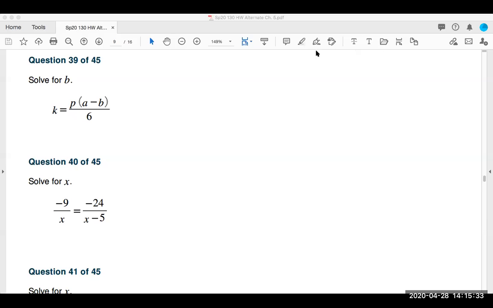Okay, so question 39, we are solving for B. So we essentially need to undo the steps to get to B. Remember, we're treating K, P, and A as if they're constants.